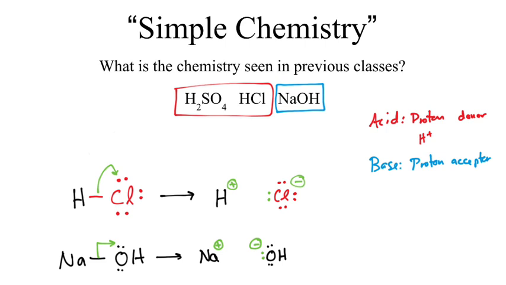What must the base do to accept that proton? Negative. Well, what's a characteristic of the proton? Positive charge. Do things like to be charged? No, charge is bad. So how do I fix that positive charge? What do I need to give it?